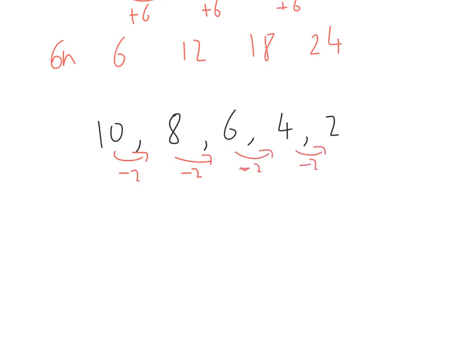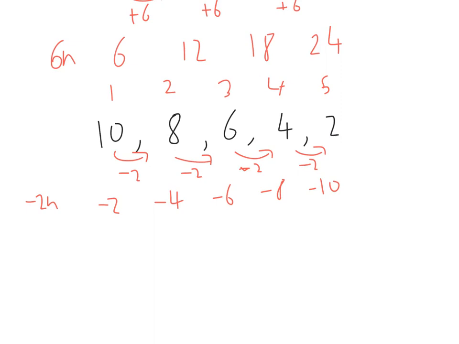So we want the negative 2 times tables, because we want the sequence to go down by 2 each time. So 1 times minus 2 would be minus 2. 2 times minus 2 is minus 4. Minus 6, minus 8, minus 10. They're the negative 2 times tables, or negative 2 times the term number.